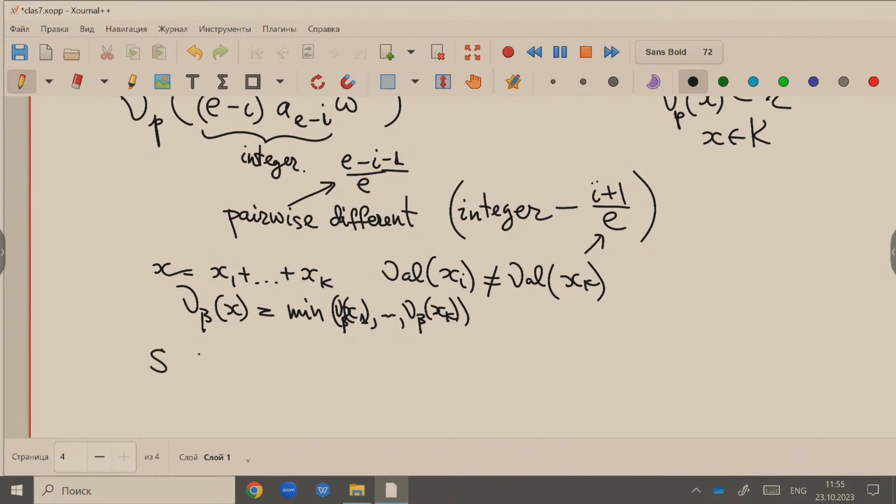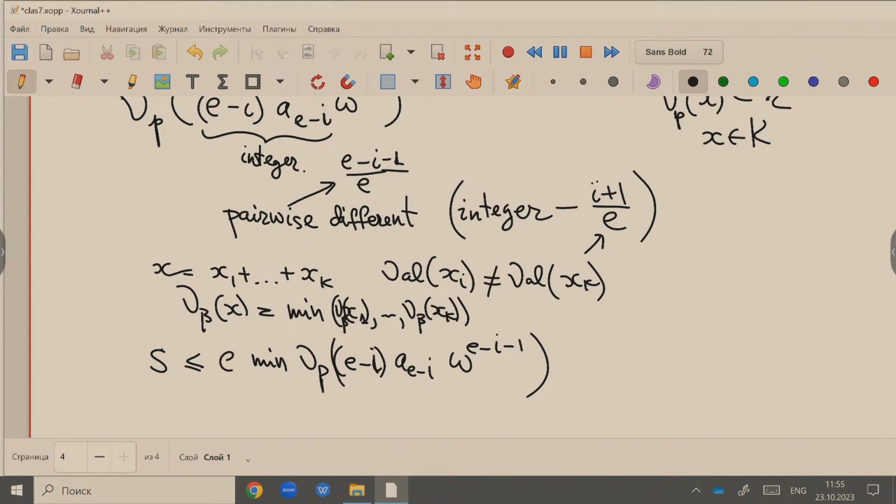S is bounded, it is less or equal than e times the valuation of mu P of S, which is bounded by the minimal of the valuations of mu P e minus 1, e minus i mu e, minus 1 times e.